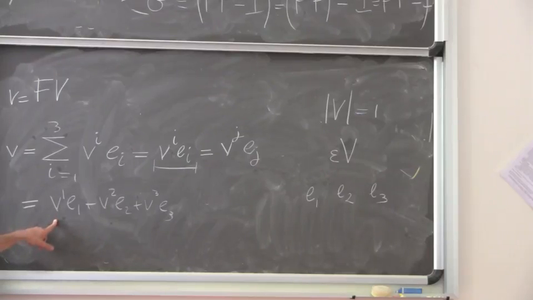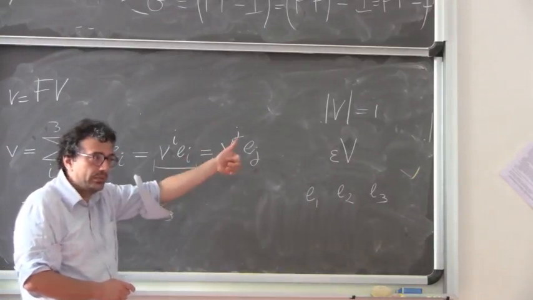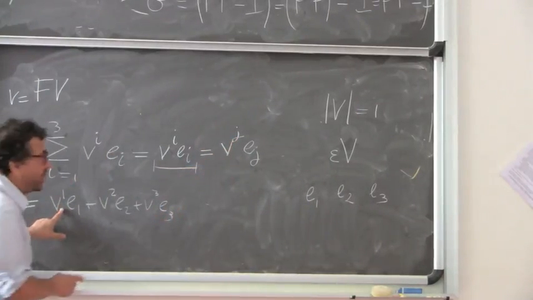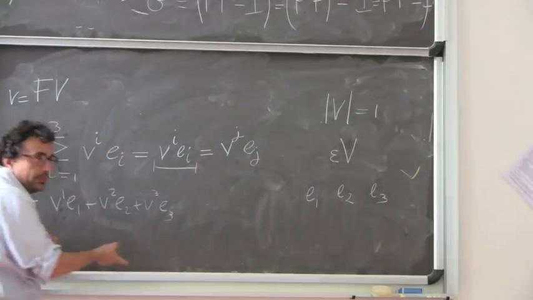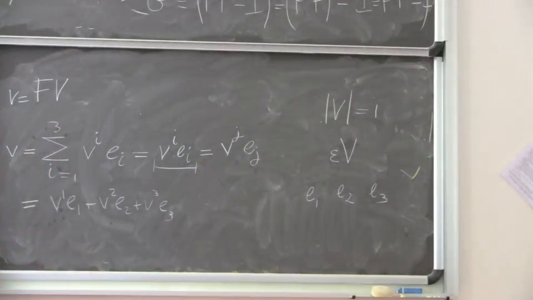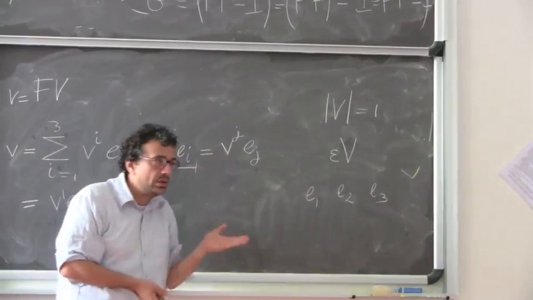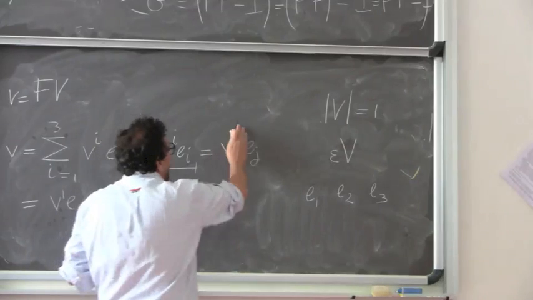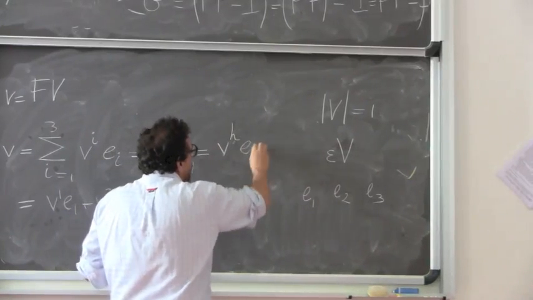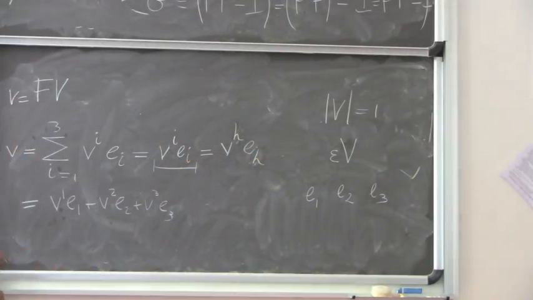Get this number. What is this formula telling? Choose for j 1, choose for j 2, choose for j 3, you get the same. So the fact that you have changed the name of the summation index does not change the value of the final result. You can call it h, you can call it as you want. The final result is the same.